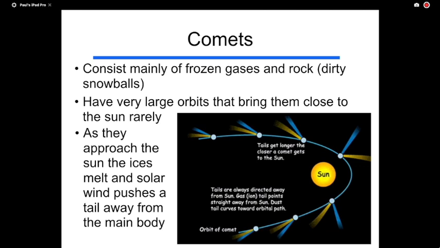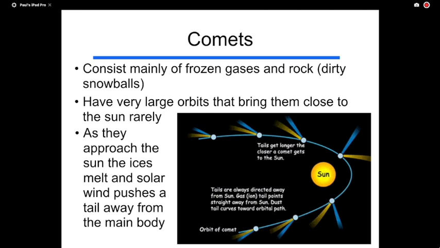And so comets are very small bodies that have what are called elliptical orbits, or really long, really oval orbits. And so most of the time they spend their lifetime very far away from the sun. We don't even see them.